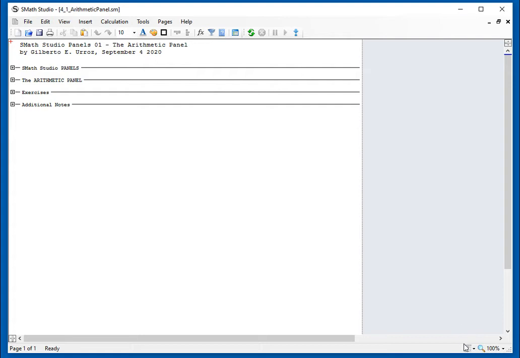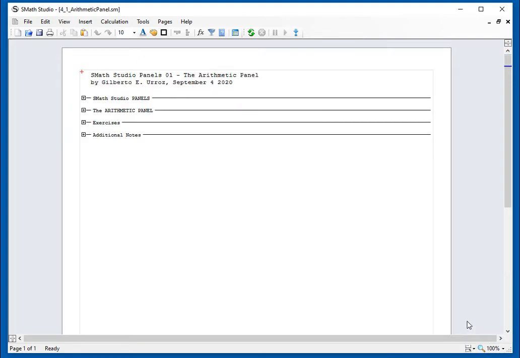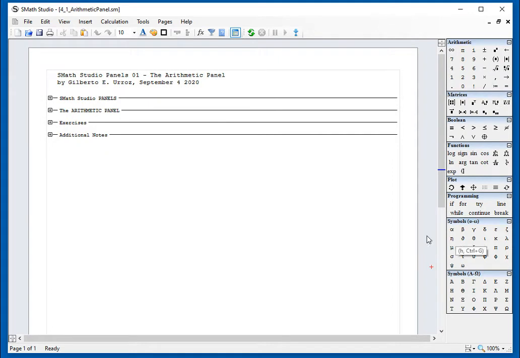Now I'm going to change this. That's better. And I'm going to keep it that way, because what I'm going to do here is click this button where you can show the panels on the right hand side.